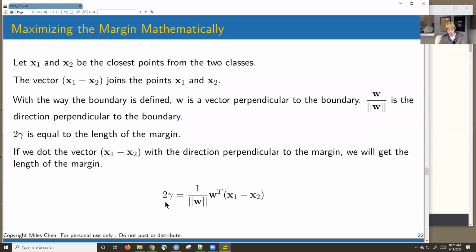This will give us the length of the margin, and we want this to be equal to 2 gamma. When you take the dot product of x1 minus x2 onto this vector, you get the length of the margin, and we're just arbitrarily setting that to 2 gamma.